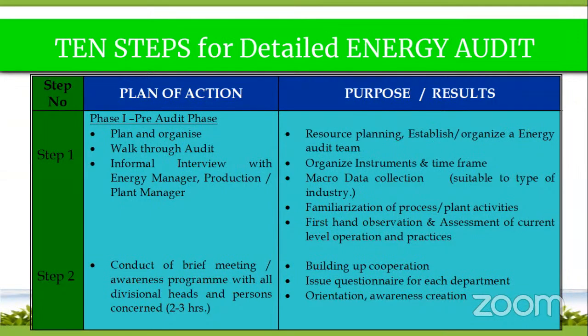Resource planning, establish or organize an energy audit team, organize instruments and time frame, macro data collection suitable to the type of industry, familiarization of the process or plant activities, first-hand observation and assessment of current level of operation and practices. This means the pre-audit phase is where we sit together, decide what can be done for this organization, which is viable and who can follow it. All such parameters need to be covered in the first step.